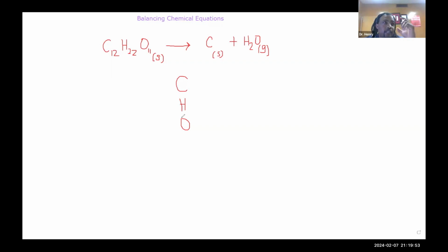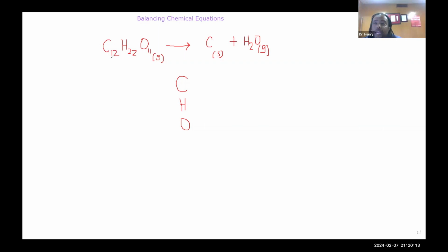Because we have things that are uppercase and lowercase. So we want to make sure that we're writing them the correct way. This number here is called the subscript. It's telling us the quantity of that element.